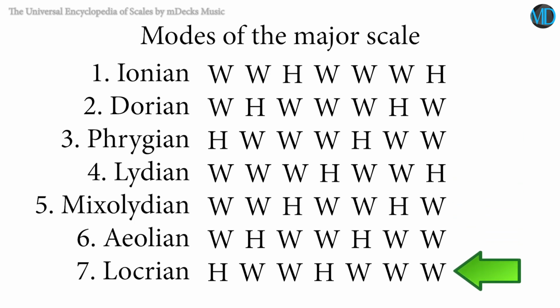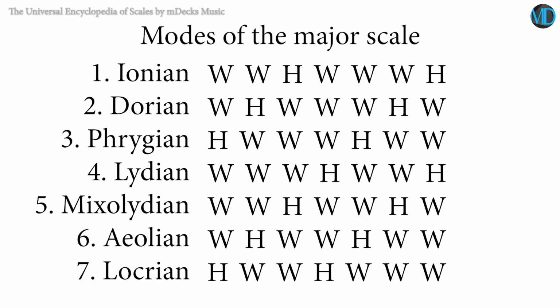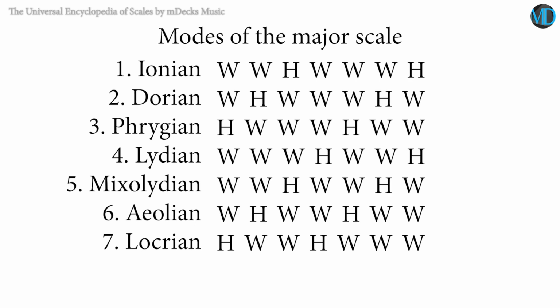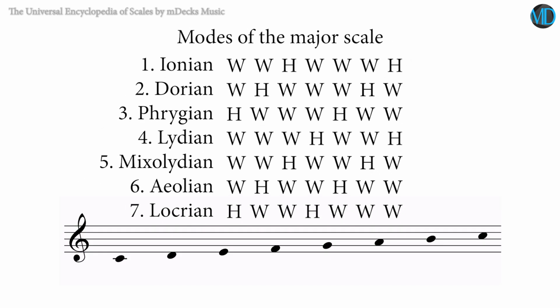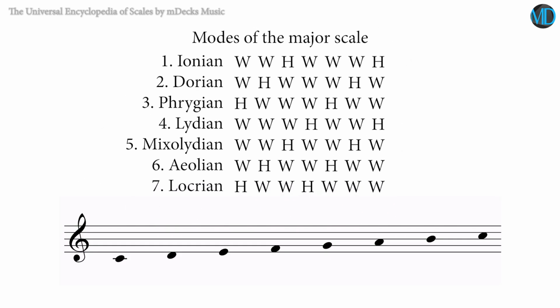Half, whole, whole, half, whole, whole, whole is mode 7, Locrian. Beautiful, see what I mean? The intervallic formula is great. I don't see the problem in using it to define a scale. Well, sure, you can deduce some properties by seeing the scale in that sorted intervallic formula way. But you'll be missing a lot of other properties if that's all you're doing.